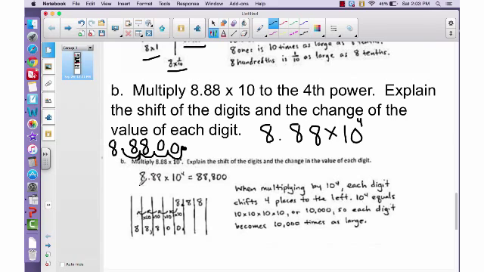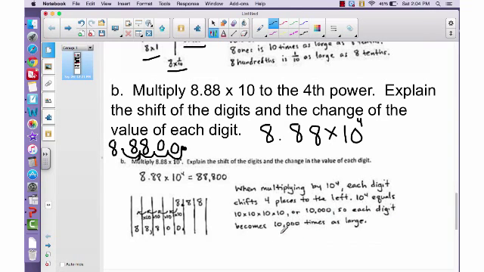You can see it's modeled here. There's my equation, 8 and 88 hundredths times 10 to the 4th power. They moved it over in the place value chart to get 10,000 times bigger. And in their explanation, you'll notice they said each digit does shift 4 places to the left. 10 to the 4th is 10 times 10 times 10 times 10, which is also 10,000.